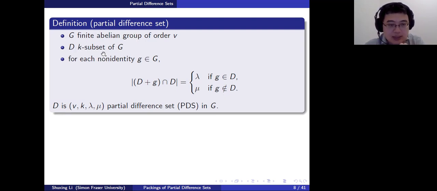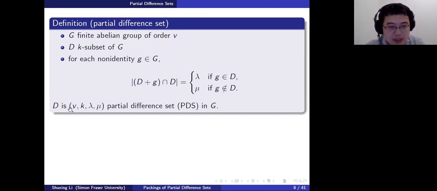And D is a K-subset of G. For each non-identity element g in the group, the translation intersect D itself takes exactly two sizes, and the choice of sizes depends on whether g is in D or not.